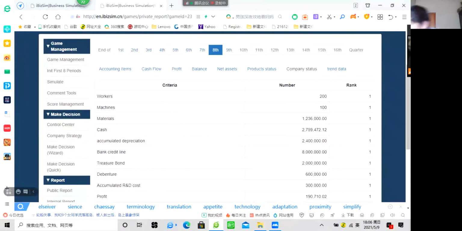Write that down: 200 workers, 100 machines, and 1,336,000 yen, that's our raw materials. This is the resources at the end of quarter 8.